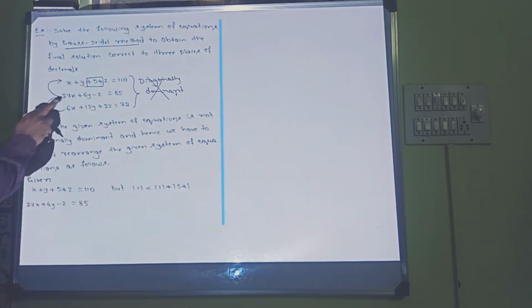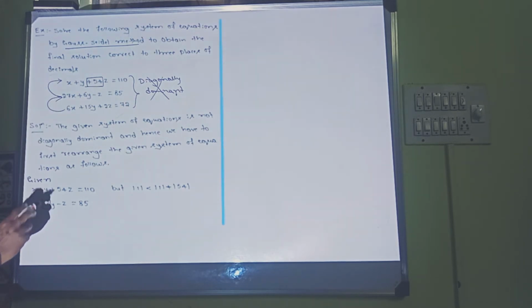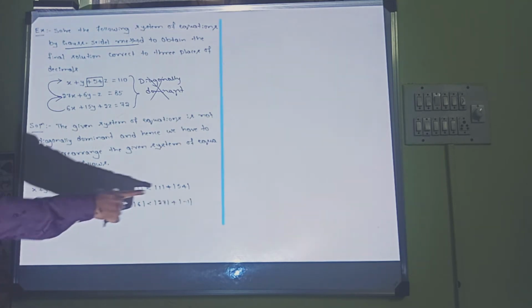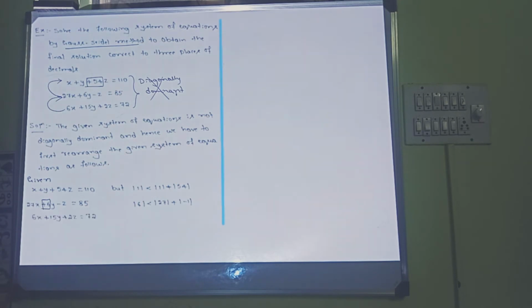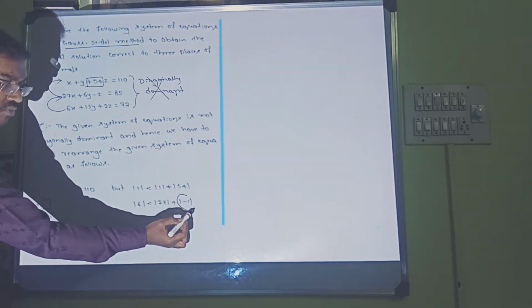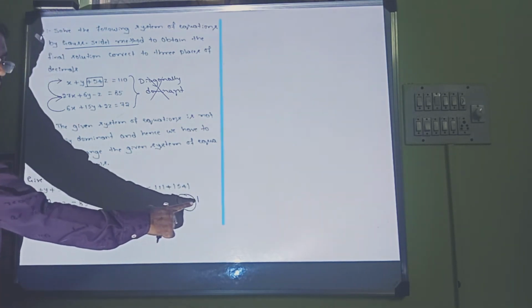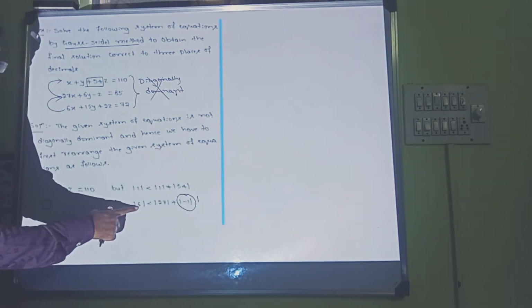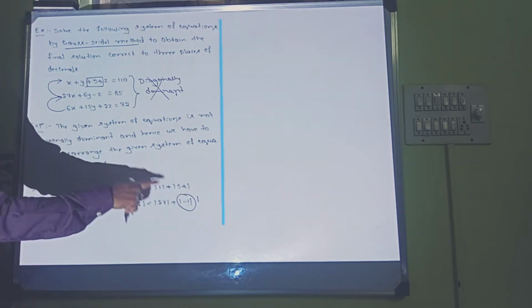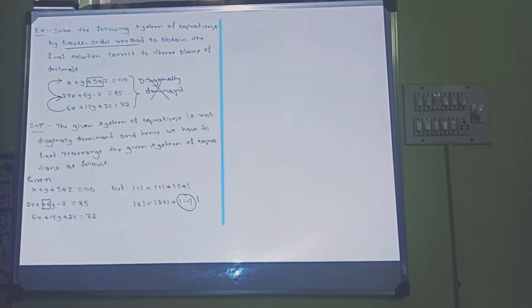And in the second equation, the second element is also not dominating, because 6 is less than the sum of the absolute values of the other two, that is 27 plus 1. Here the absolute value of minus 1 is 1. So 27 plus 1 is 28, but 6 is less than 28, so it is not diagonally dominant.